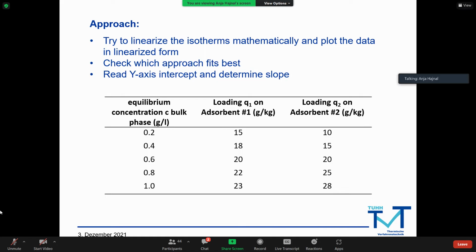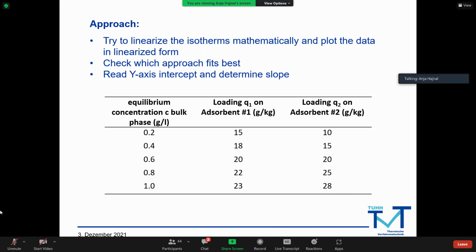To solve this task, I advise you to first linearize the isotherms mathematically, so on with pen and paper, and then to plot the data in a linearized form. You should check which of the isotherms fits the given data the best.